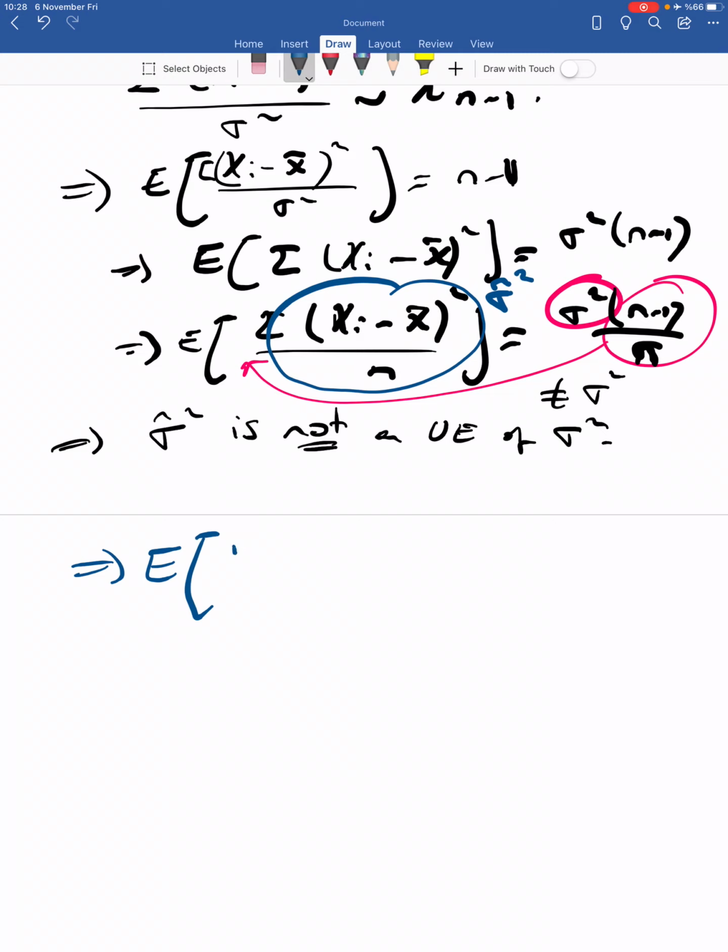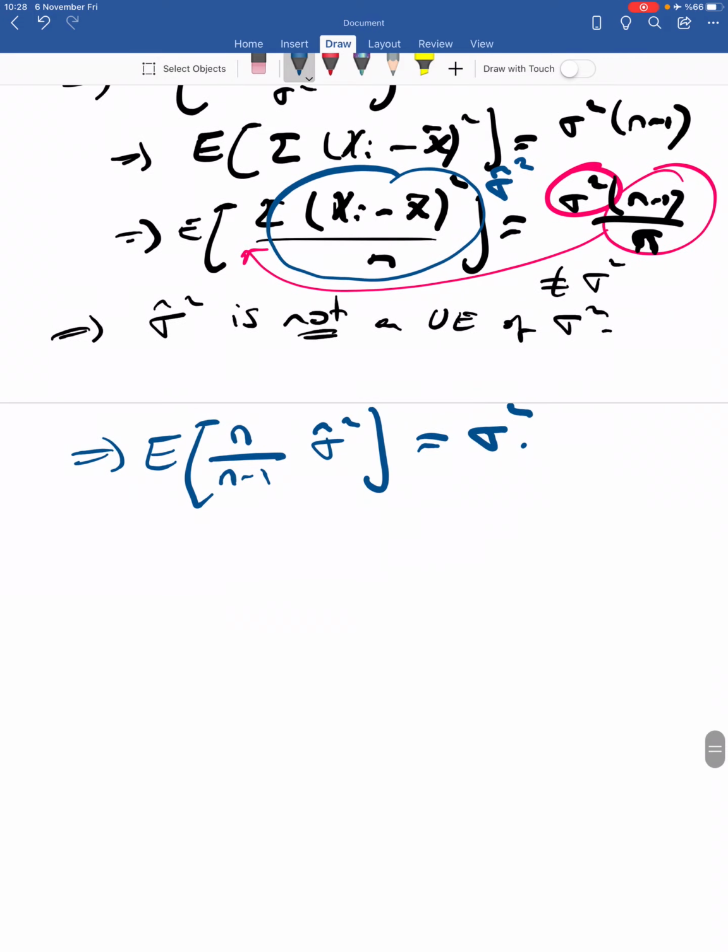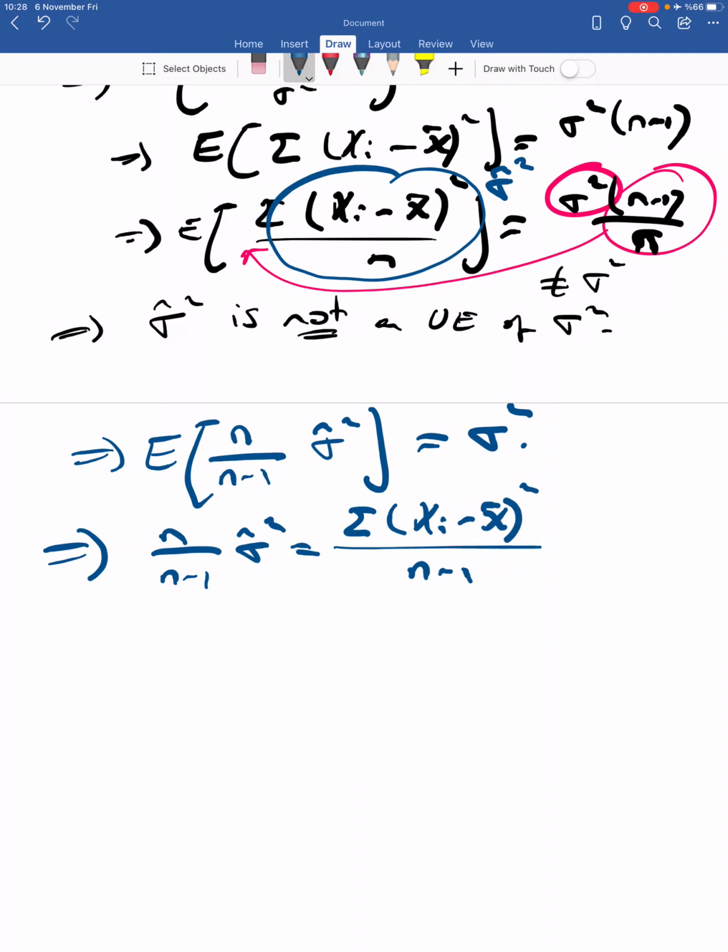If you multiply sigma hat square by n over n minus 1, it will give sigma square. So n over n minus 1 times sigma hat square, or the summation of xi minus x bar whole square divided by n minus 1, is an unbiased estimator of sigma square. This is the end of the question.